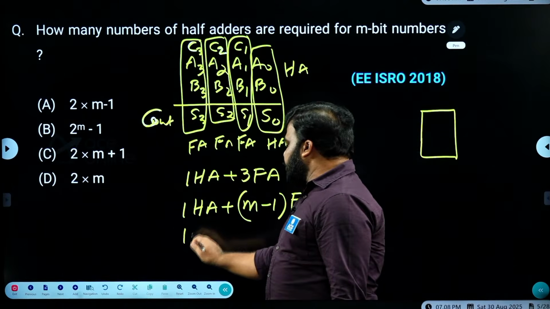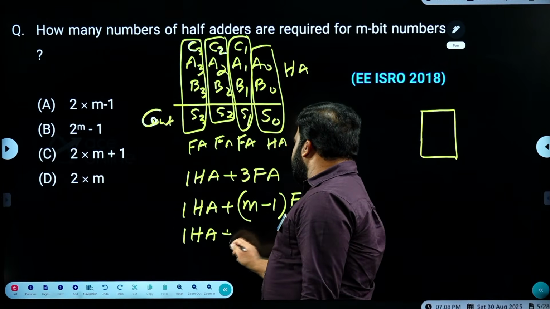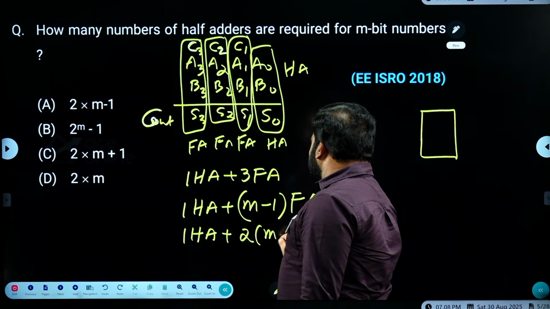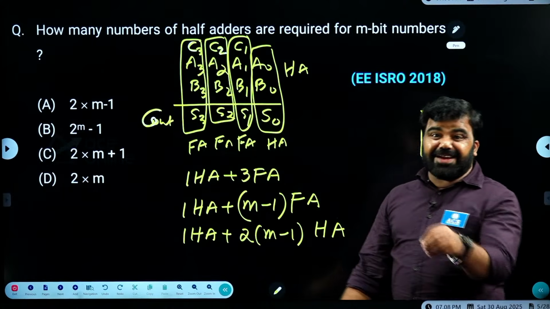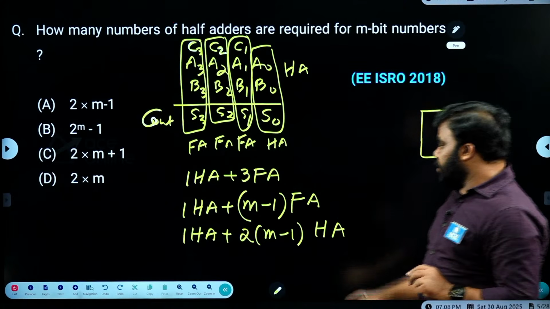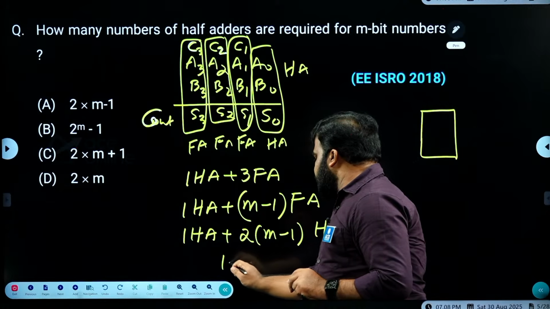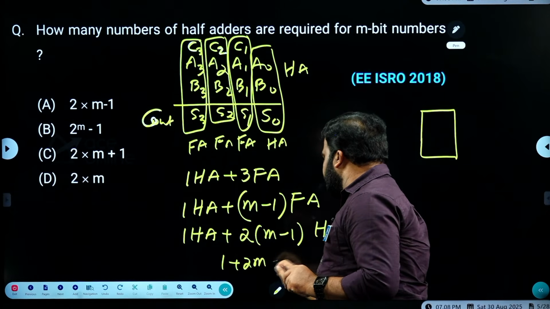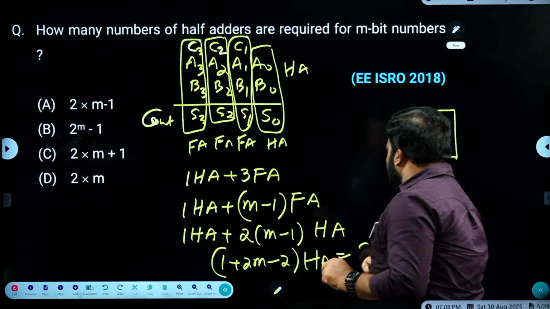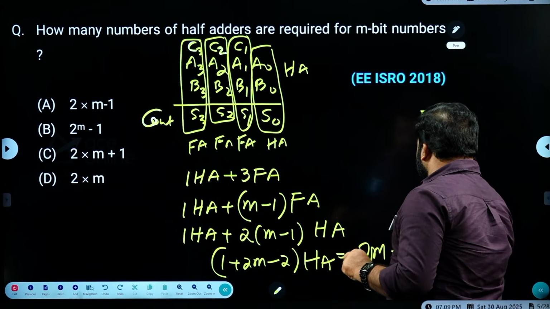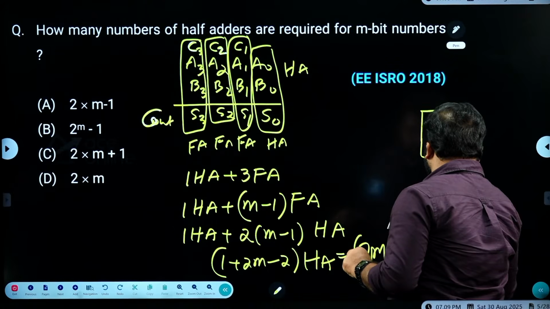So, 1 half adder plus 2 into m minus 1 half adders, because each full adder needs 2 half adders. So, 1 plus 2m minus 2 half adders, it is going to be 2m minus 1 half adders required.